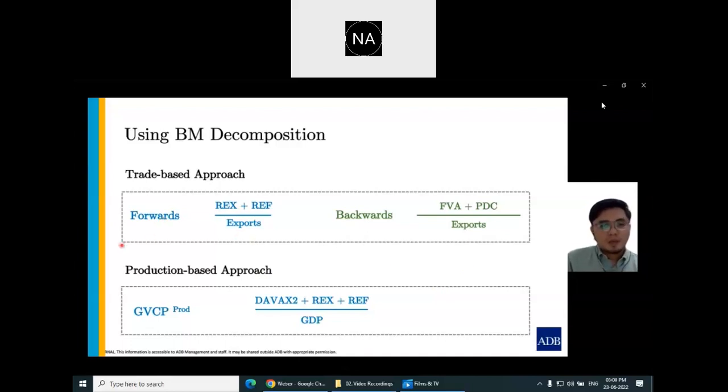So again, under the trade-based approach, the forward GBC participation is calculated as REX plus RE divided by exports, while the backward GBC participation is calculated as FBA plus PDC divided by gross exports. And under the production-based approach, GBC participation rate is equal to DAVAX 2 plus REX plus REF divided by gross domestic product.